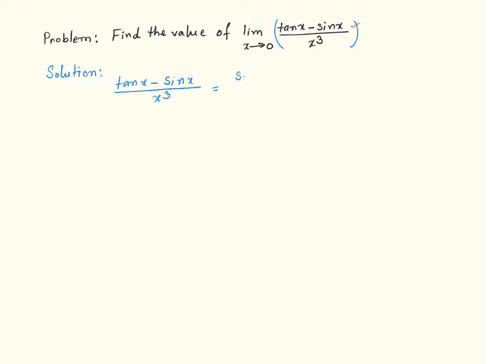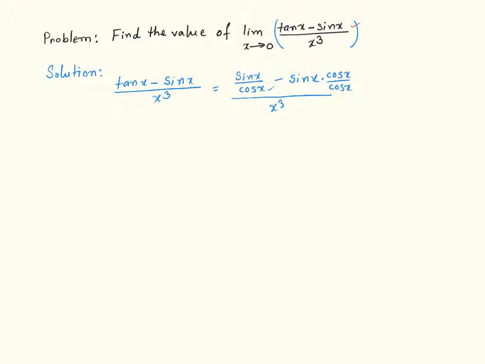Tangent of x, as you know, is sine of x over cosine of x, minus sine of x, all of it divided by x cubed. Now what I am going to do is multiply this by cosine of x and divide it by cosine of x so that we have the common denominator.